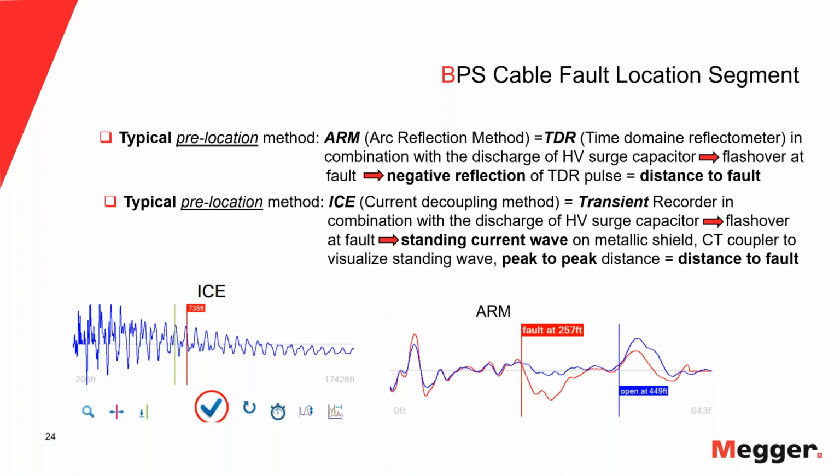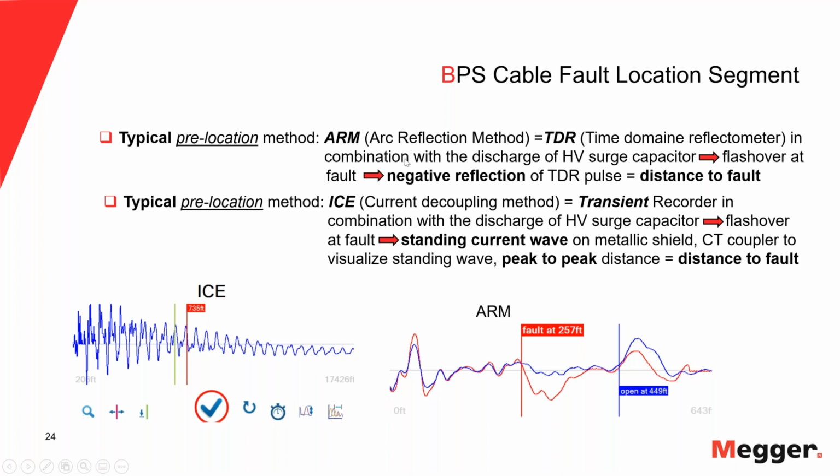And for those situations, we have another method. We call it the ICE method, or the current decoupling method, which is using a TDR, but not as an active TDR where we send out a TDR pulse. We're using the TDR merely as a transient recorder, like a scope.